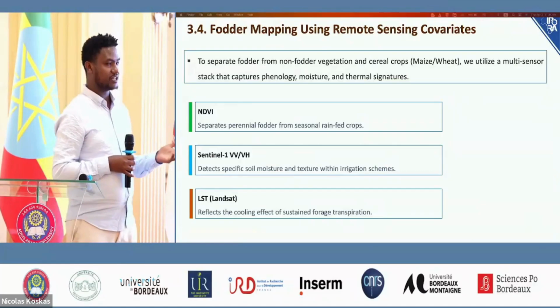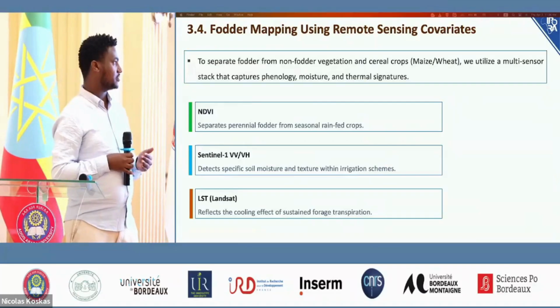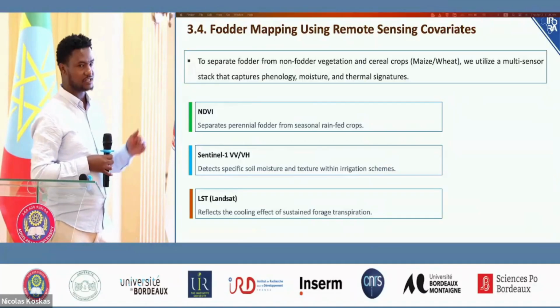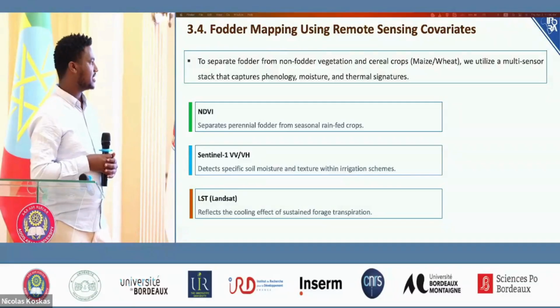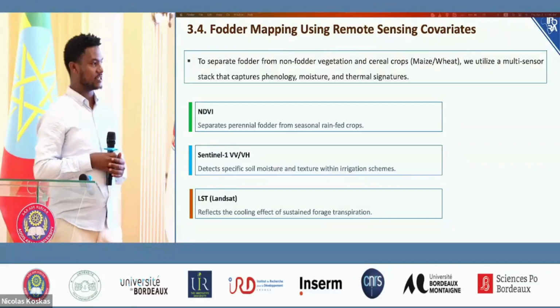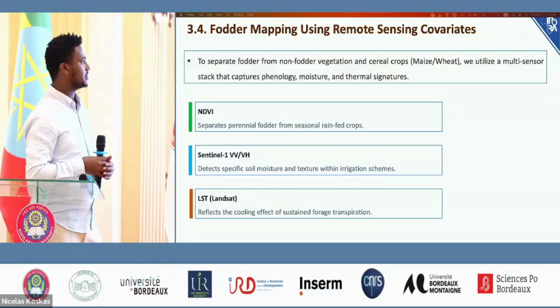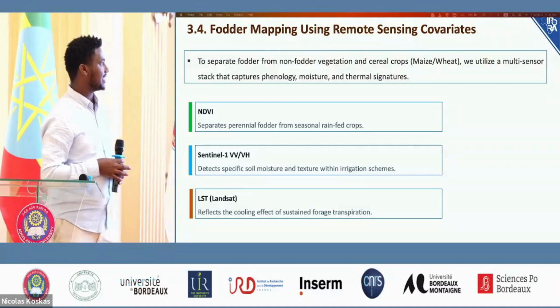We use indices from Sentinel-1 using vertical and horizontal polarization to detect soil moisture and do texture analysis. And from Landsat, we use the thermal band to detect land surface temperature to see these irrigation-based fodder cultivations.